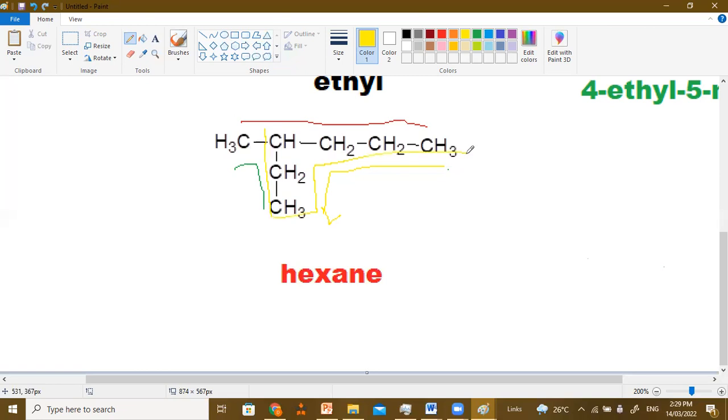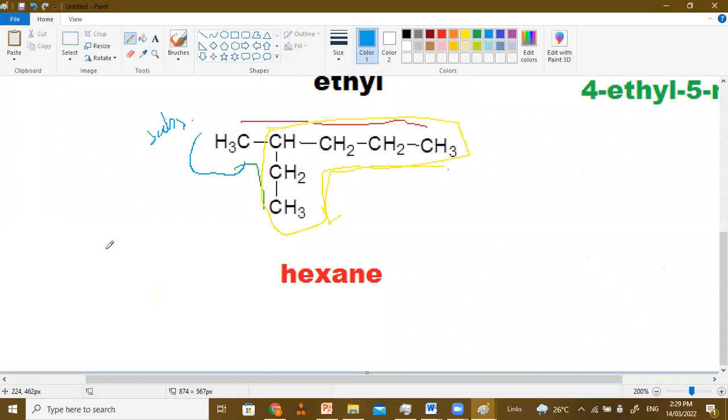Since this is our parent chain, circle it in yellow. Then our substituent, the one not circled, is CH3.